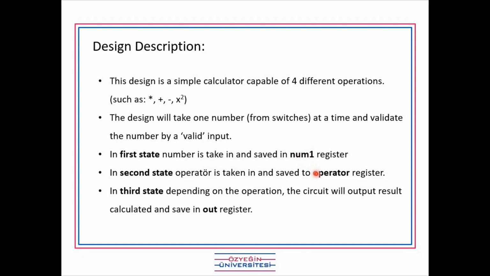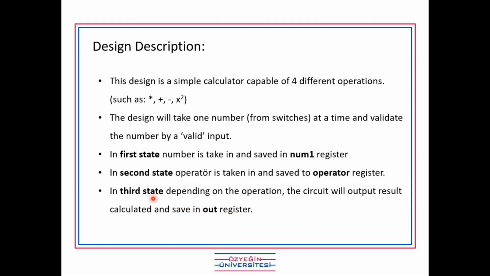The second part is what to do, the operator. Is it multiplication? Is it plus? Is it minus? Is it square operation? It decides in the second part because it takes in data in. So in the third part, it does the operation by getting the second number, and depending on the operator, it does the operation and gives output at the third state.